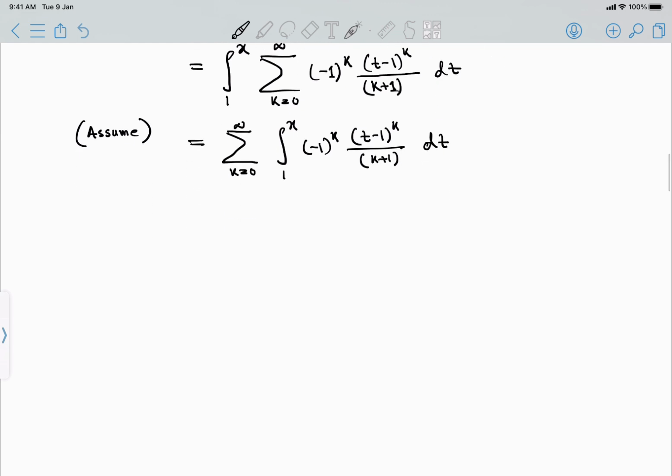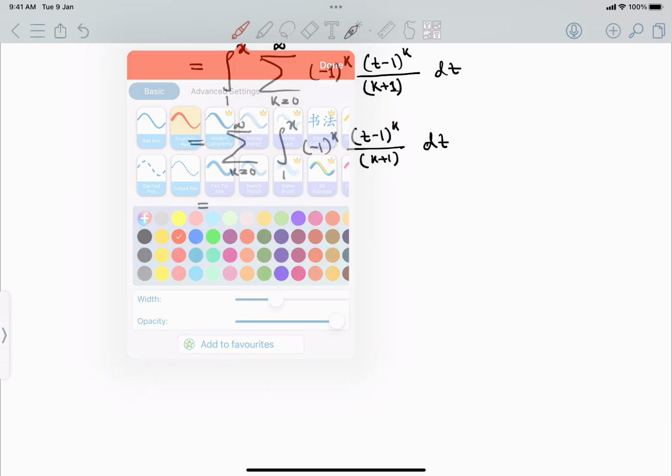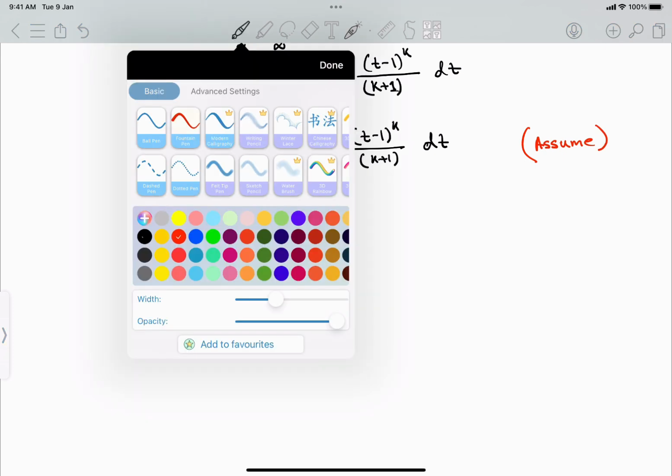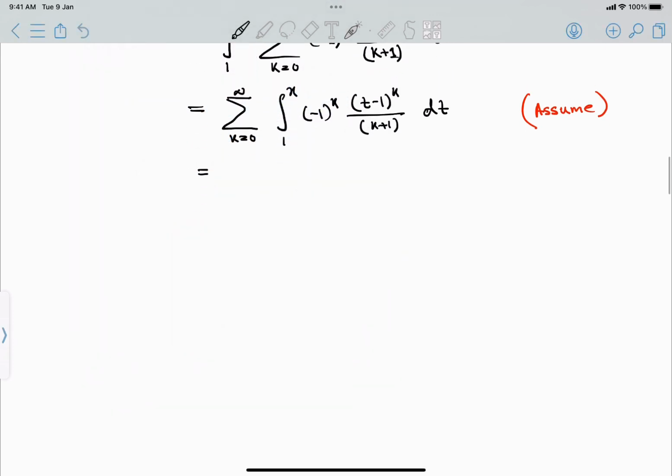So now you can integrate it. Assume this one, we'll prove it below. So if you integrate this, what you will get?